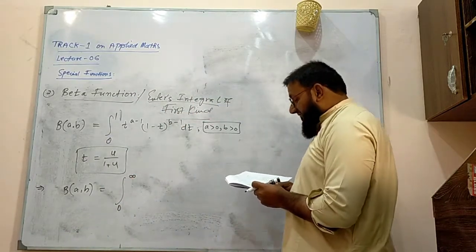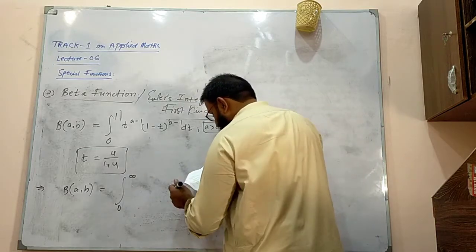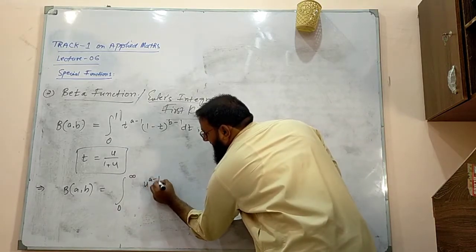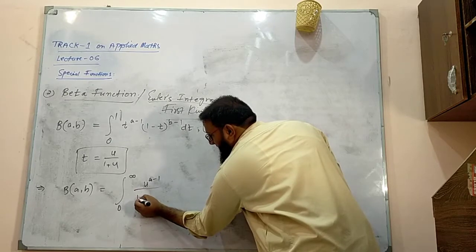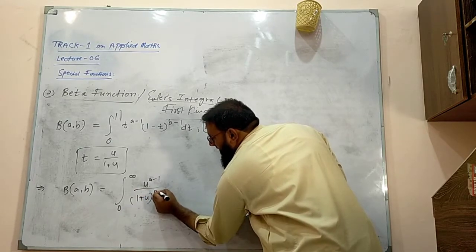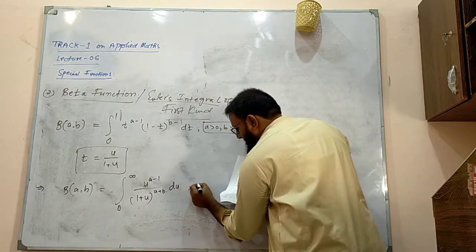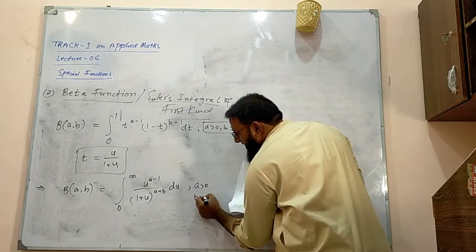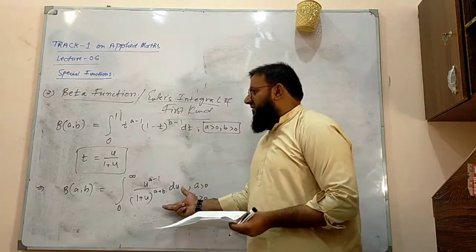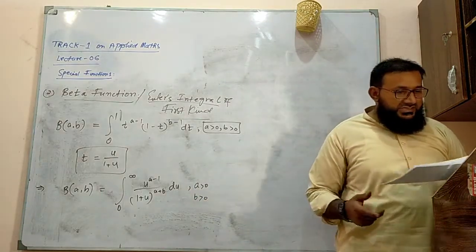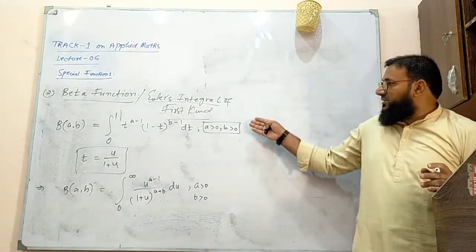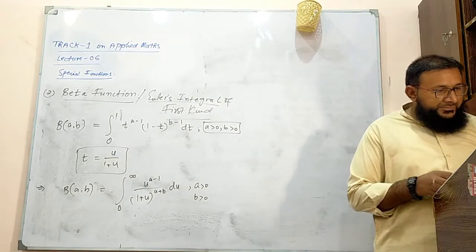Now it's going to be infinity. And u power a minus 1 over 1 plus u power a plus b du, again a is greater than 0 and b is greater than 0. This is just the equivalent form of beta function, it's nothing else. So only we are concerned about this particular form of beta function.